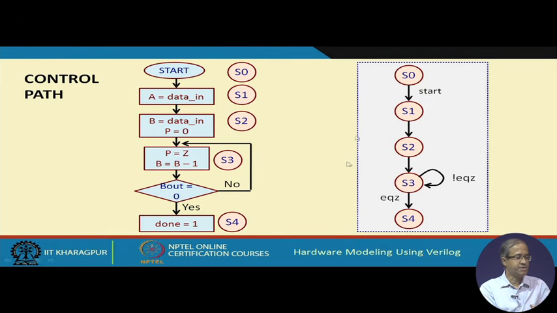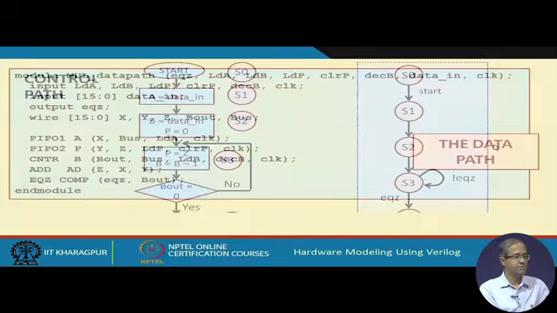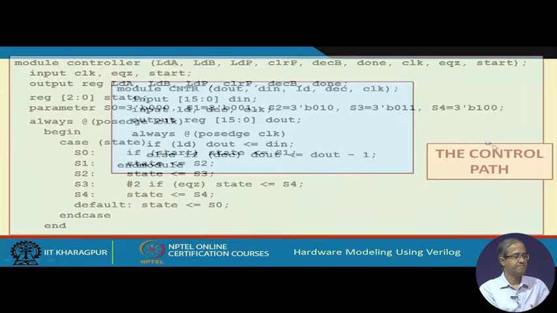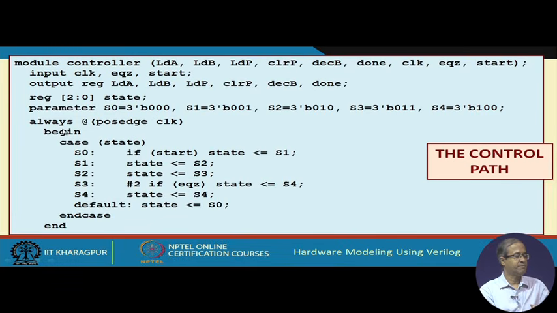Now, you see this was my finite state machine, you remember this. So, now we will be coding the FSM, the controller. You have seen already earlier how to code an FSM. We had just taken examples of both Moore and Mealy type FSMs. So, here the FSM is very simple.